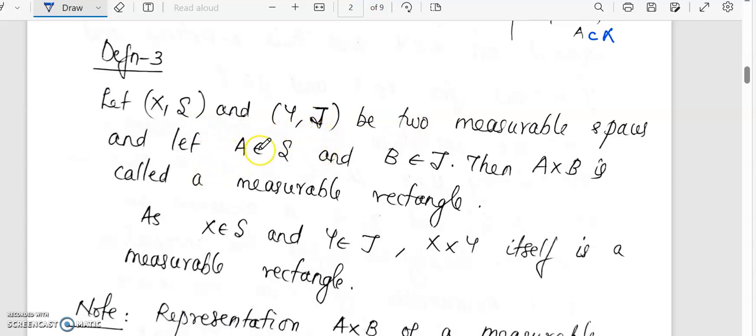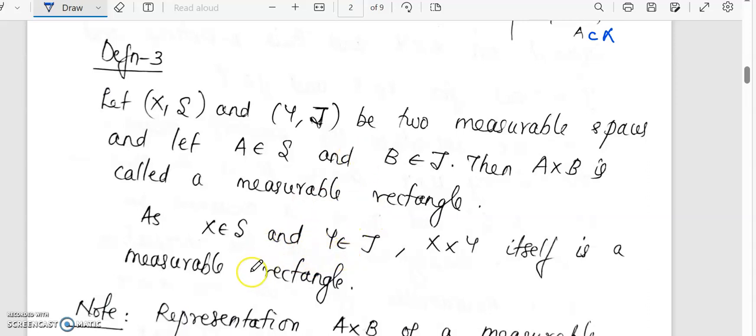Now consider A belongs to script S. Again A will be contained in X. Similarly if you take B belongs to script J, B will be contained in Y. Now take A cross B. This will be again a rectangle, because A is contained in X and B is contained in Y. We are taking two sets and they are measurable also, since they belong to the sigma algebra.